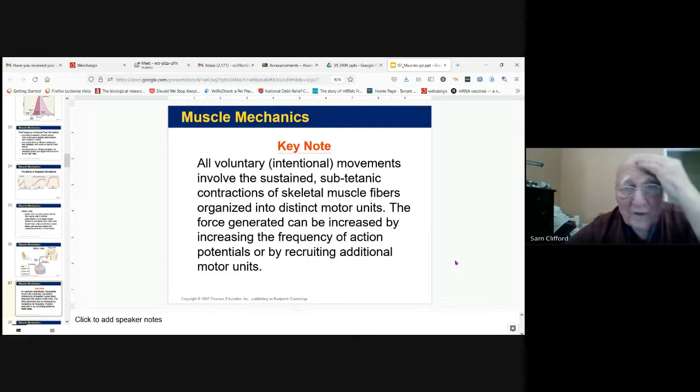So all voluntary movements are usually subtetanic, and to generate increased tension or force in the muscle, the motor units will be recruited. So you increase the frequency, but you stimulate more muscle, more motor units.